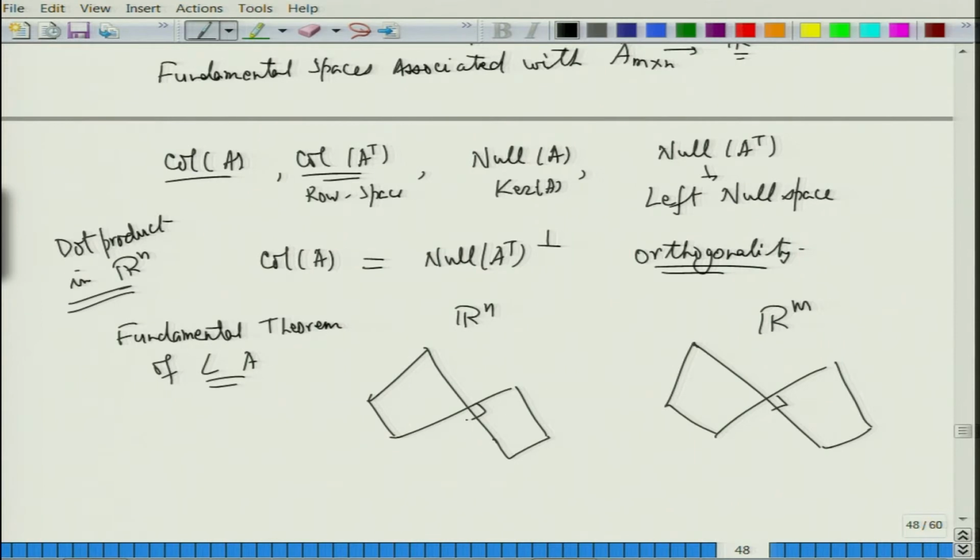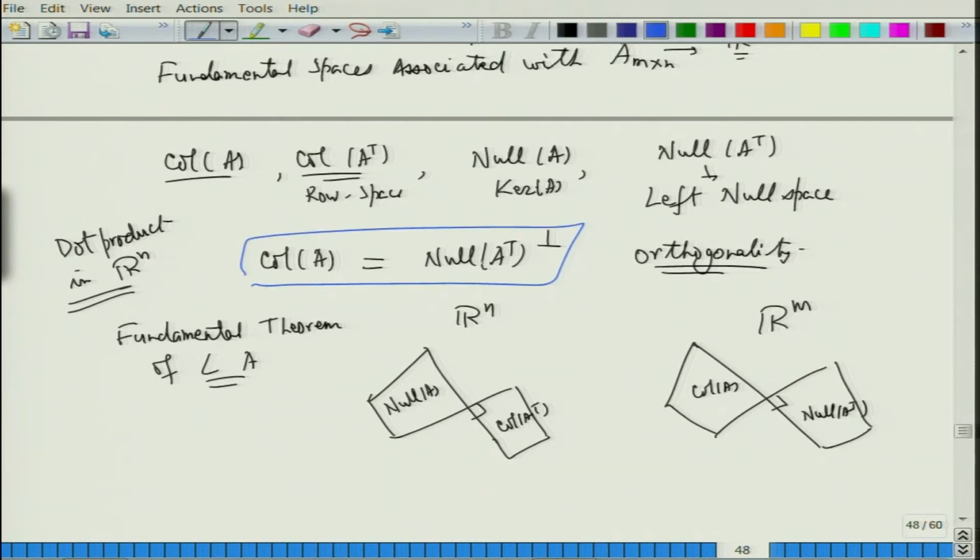So A is m cross n, so the null space is here, the null space of A transpose will come here, then there will be the column space and the column space of A transpose. This is what it says: the column space of A is perpendicular to the null space of A transpose.